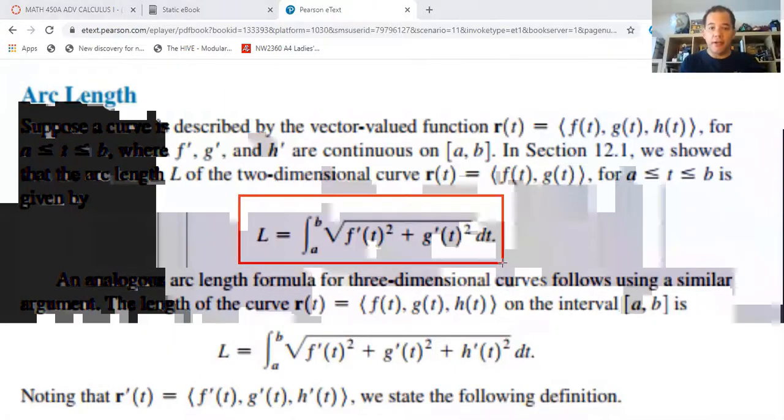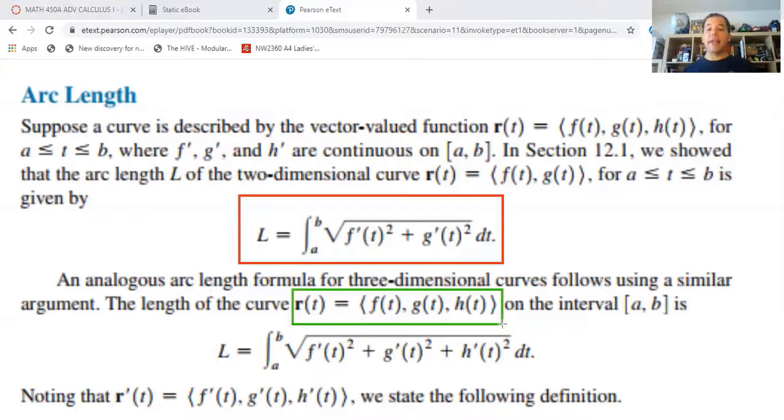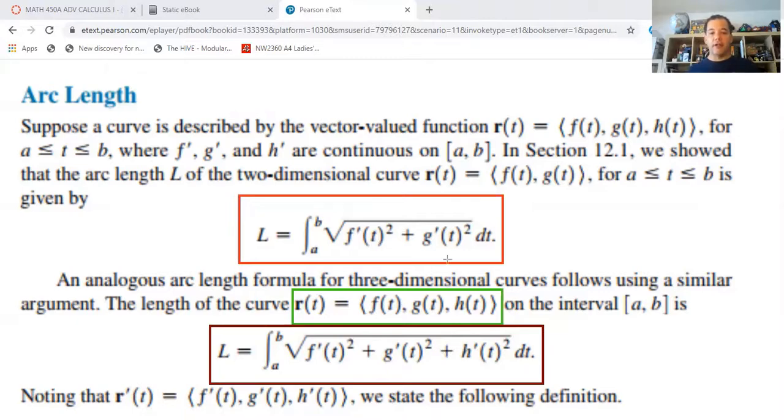And here's the new thing. If you have now a new 3-dimensional vector function, this green one that I'm highlighting, it's not surprising that the length of the curve is given by this new brown one. Compare to the red one, and you see it's the exact same formula, but now we have f prime, g prime, and h prime.